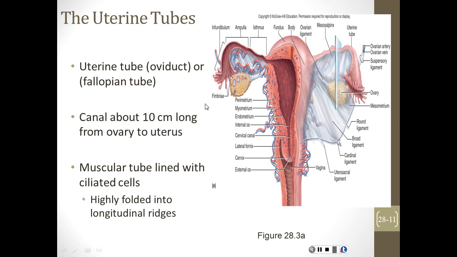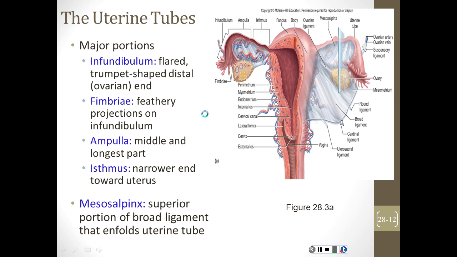Right here you see in the name, they're called fimbriae. These are little feathery projections from the infundibulum. This is the area where it flares out into a trumpet. Then you have these little projections from the infundibulum that are called the fimbriae.